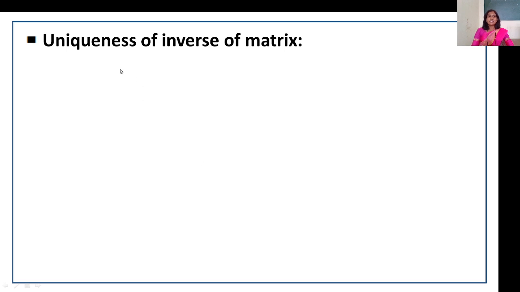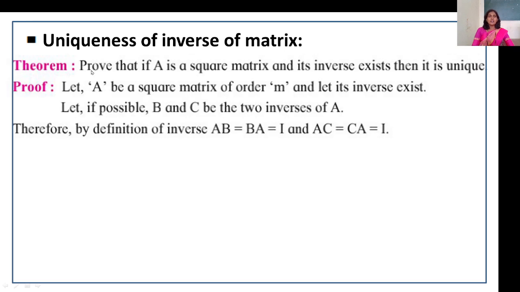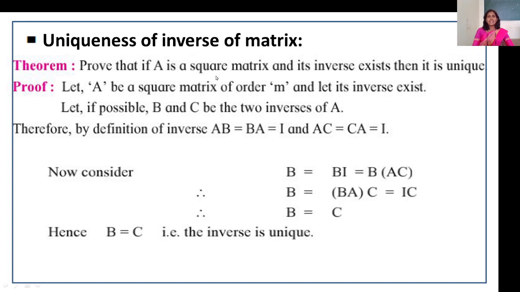Then the theorem, that is uniqueness of inverse of a matrix. The statement of this theorem is: prove that if A is a square matrix and its inverse exists, then it is unique. That means we have to prove that every square matrix has a unique inverse.